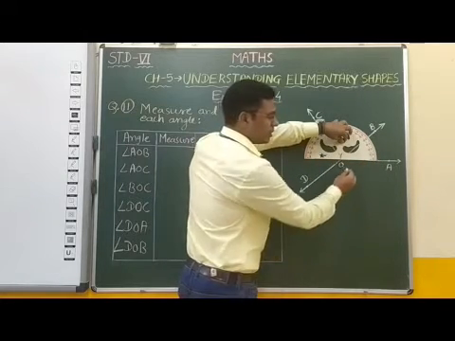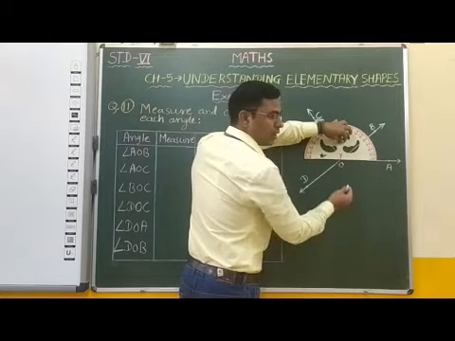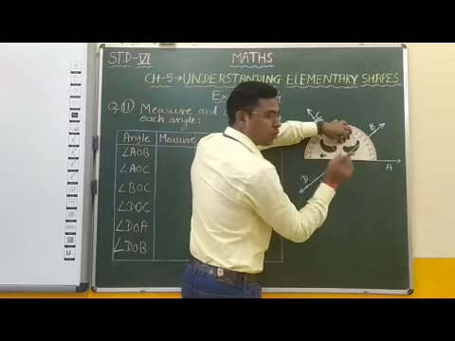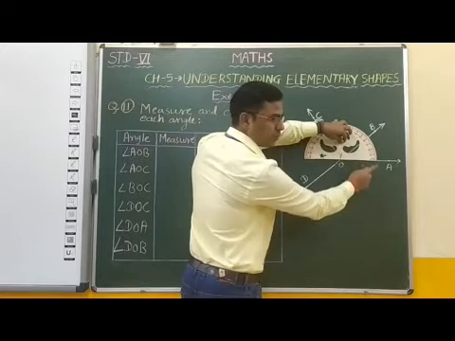Now we observe that this ray OA is on the right side of the midpoint. Therefore, we count from the right side 0.